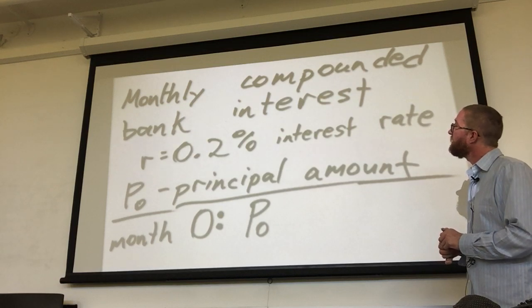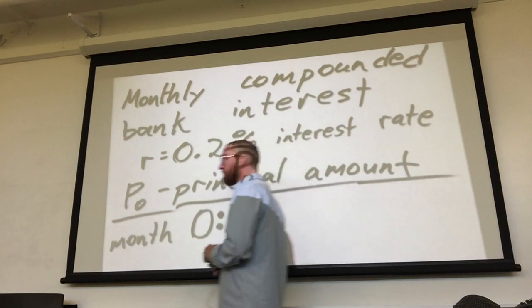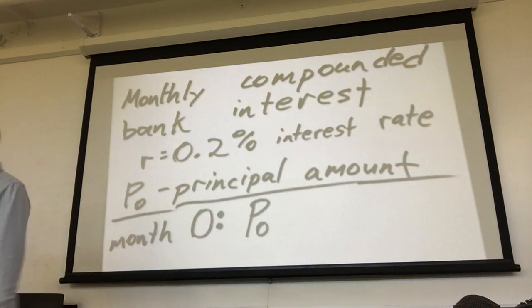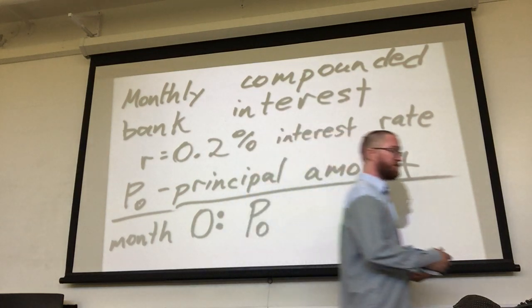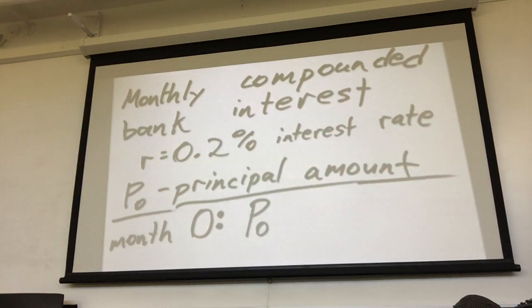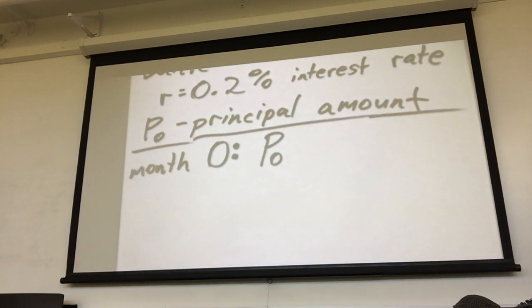Okay. Now we have monthly compounded bank interest. This means that it's going to be compounded 12 times because we have 12 months in a year. All right. So the first month you put the principal into the account, nothing happens, it just stays there. Okay. So now what happens after month 1?